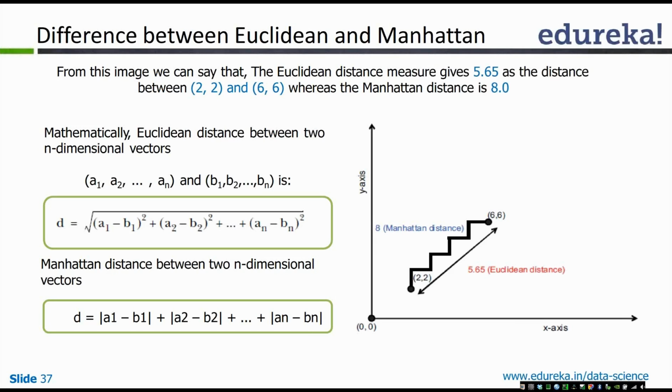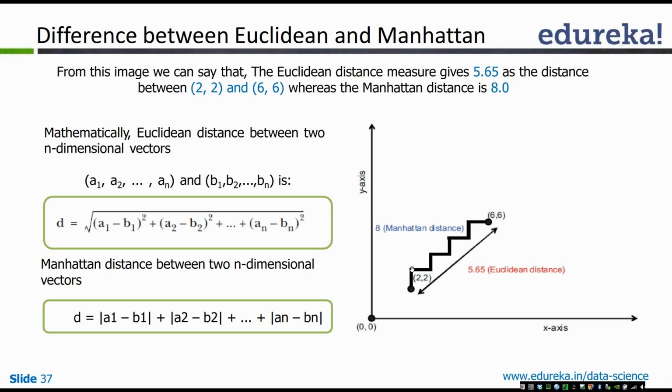If you are in the US, or if you are familiar with Manhattan, the roads in Manhattan are mostly organized into squares, into blocks. If you are at a building here and you want to go to a building there, the route that you follow is essentially different blocks that you traverse.